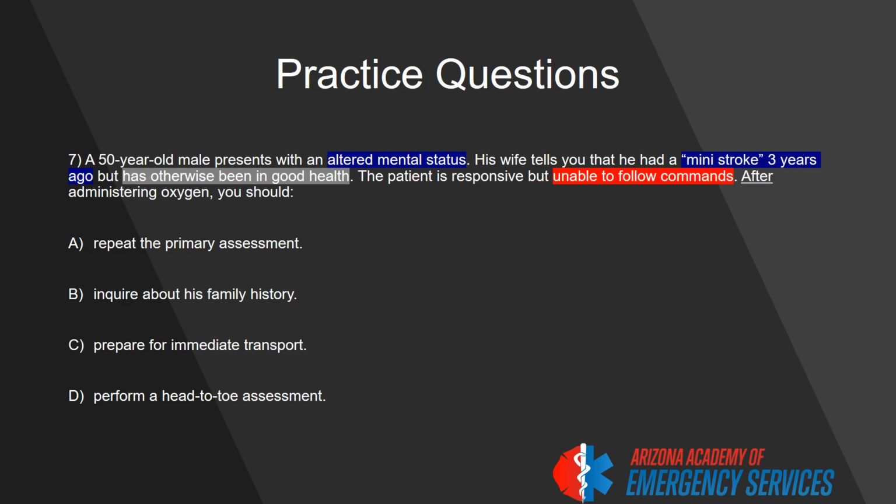So this little bit of information largely suggests that this patient truly is experiencing a stroke, which is an immediate issue. This patient needs definitive treatment at the hospital as soon as possible. So we know that we do need to act very quickly with this patient. Now, I underlined the statement, after administering oxygen, you should.